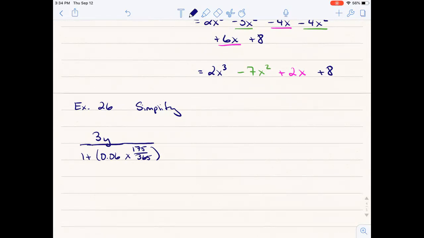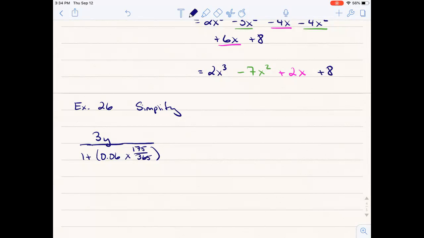If we have to simplify this, we have to keep in mind that we have to abide by BEDMAS, but also we're going to do the top and the bottom separately. So we'll simplify those separately until the very end, then we can combine them.